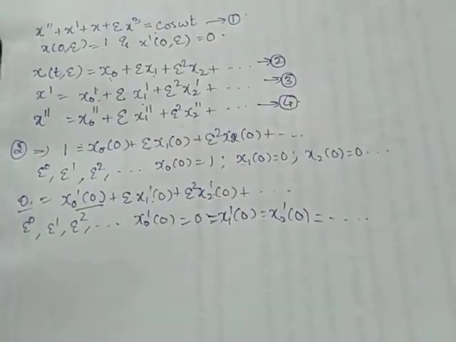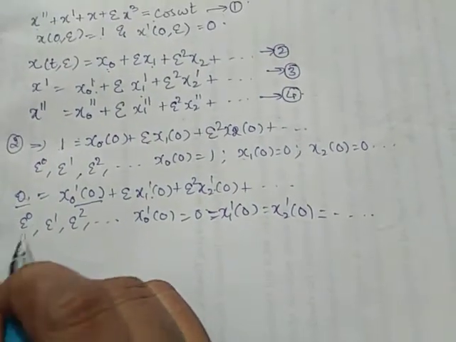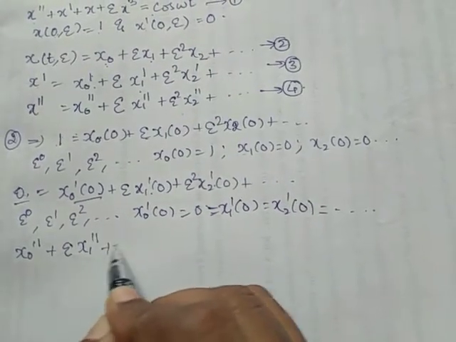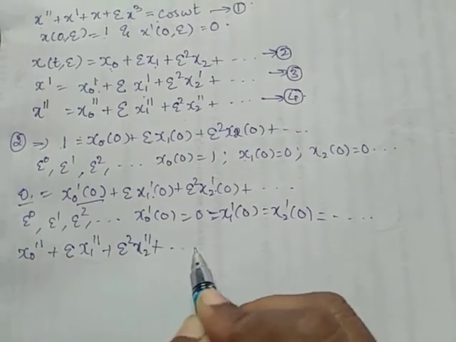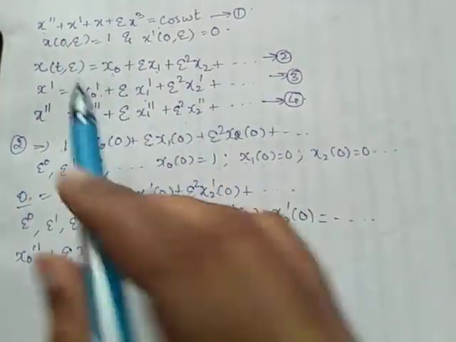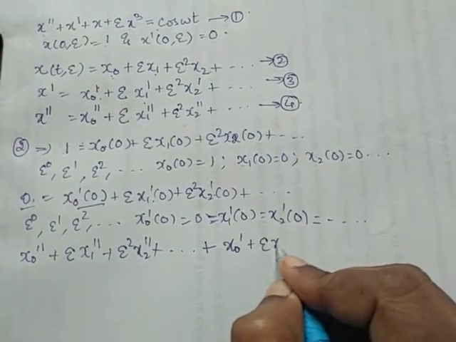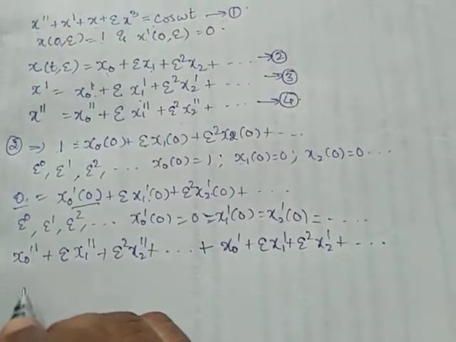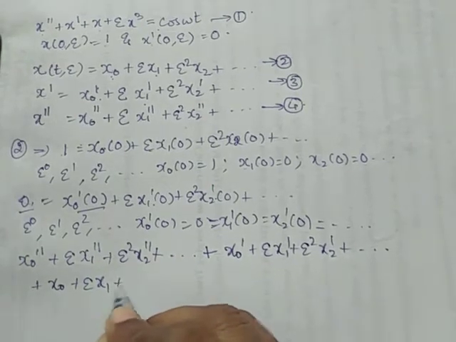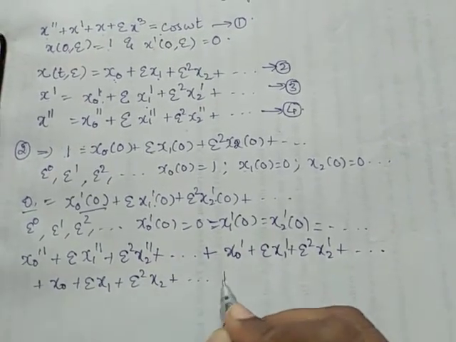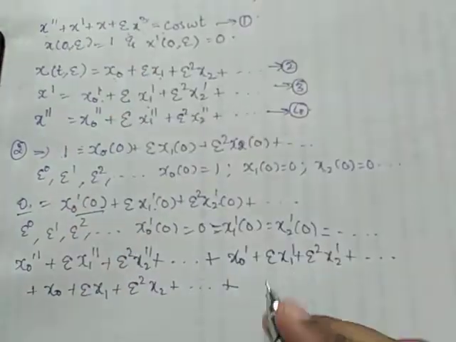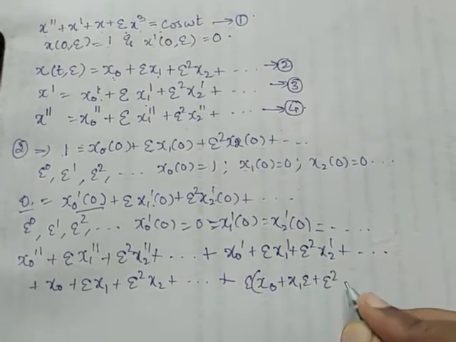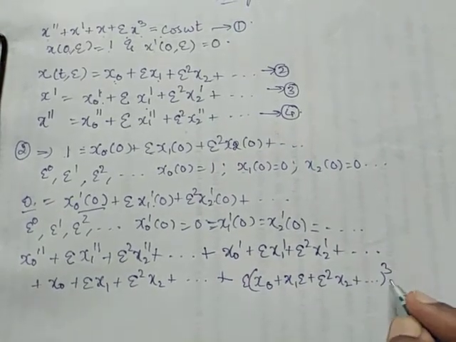So substituting all those values in equation 1, we will get x0 double dash plus epsilon x1 double dash plus epsilon square x2 double dash, etc., plus x dash, that is x0 dash plus epsilon x1 dash plus epsilon square x2 dash plus etc. The next term is x itself, from equation 2: x0 plus epsilon x1 plus epsilon square x2, etc. Plus epsilon x cube, where x cube is (x0 plus x1 into epsilon plus epsilon square x2 plus etc.) whole cube. RHS is cos omega t.